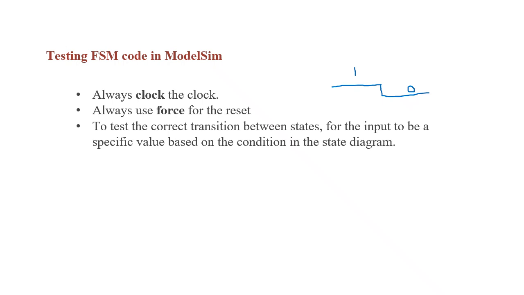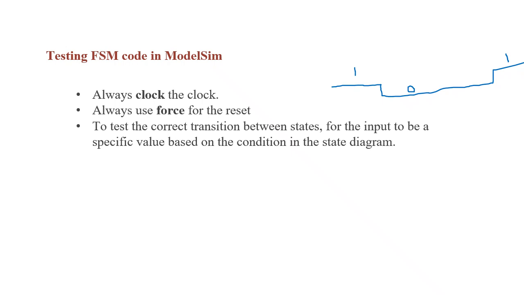So we will always try to reset the system once at the beginning by making reset 1 and then changing it back to 0. If your goal is to test reset, making sure it works at any moment in time, then keep reset 0 for a while. Make sure you go to multiple states and then make reset 1 to check that the system actually goes to the reset state successfully.